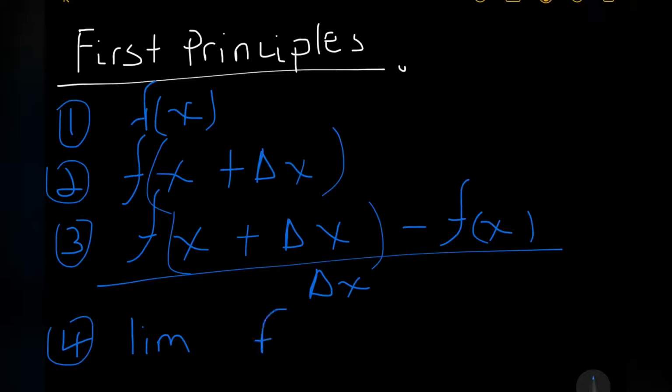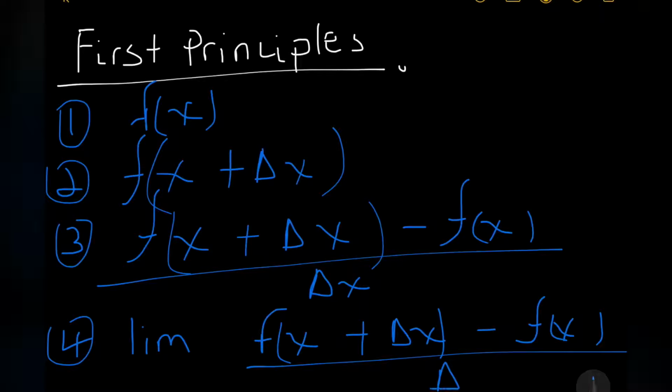So the limit of f of x plus delta x minus f of x over delta x as delta x approaches 0. Whatever value you get from this step is your derivative.